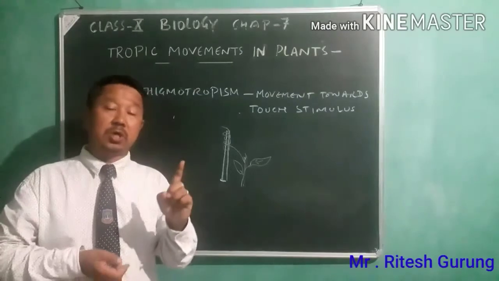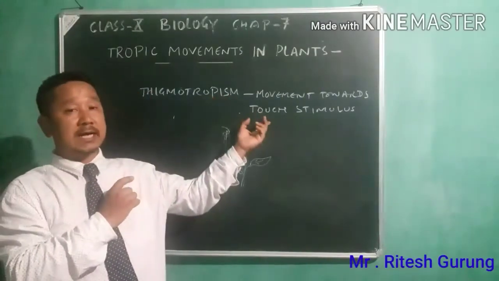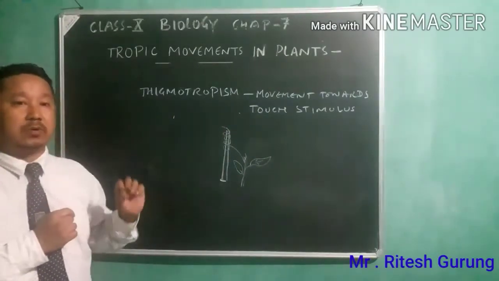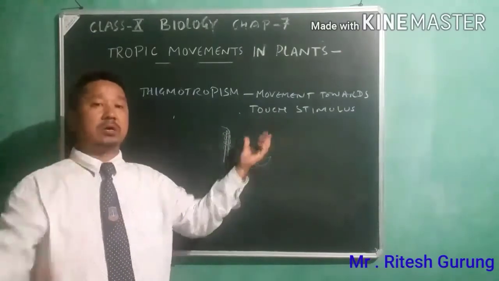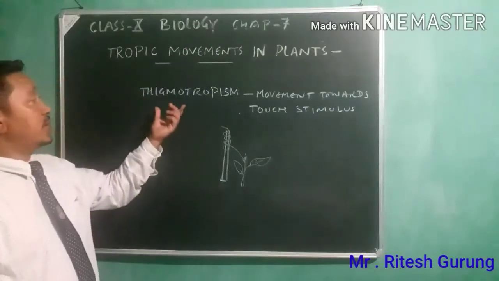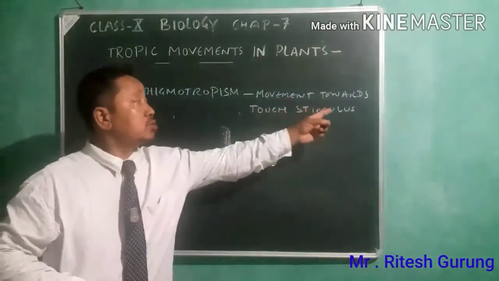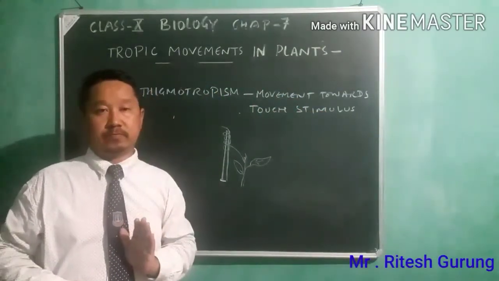So the tendrils show the response like this, going around the other plants or the support. In one sentence, the movement towards touch stimulus is called Thigmotropism. All right.